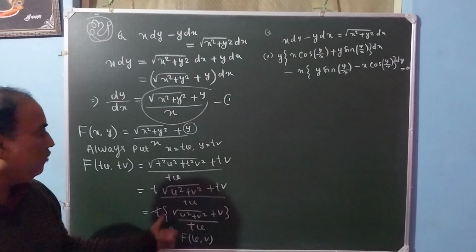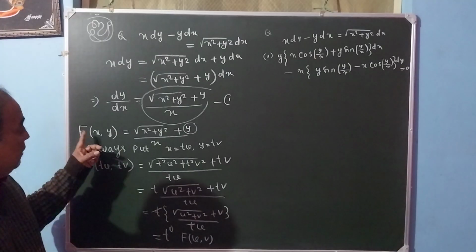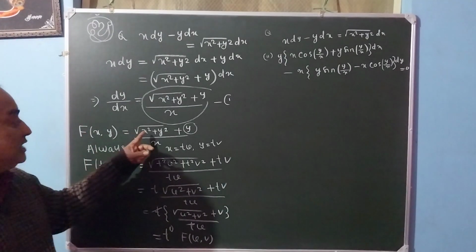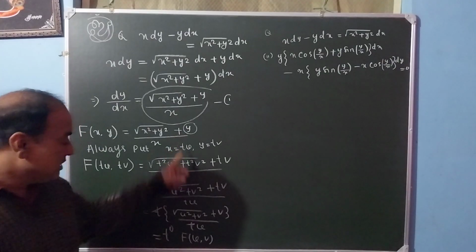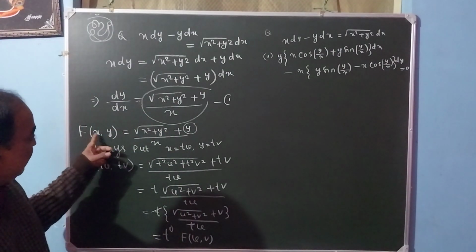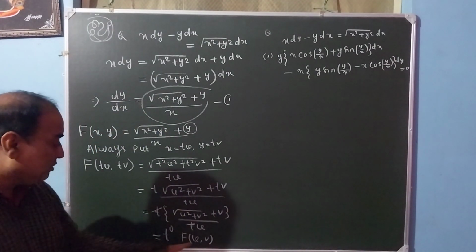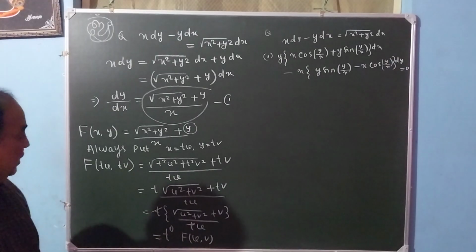This is f of u,v because f of x,y is equal to root over of x square plus y square plus y, divided by x. So in place of f of x,y, it is a function of f of u,v.